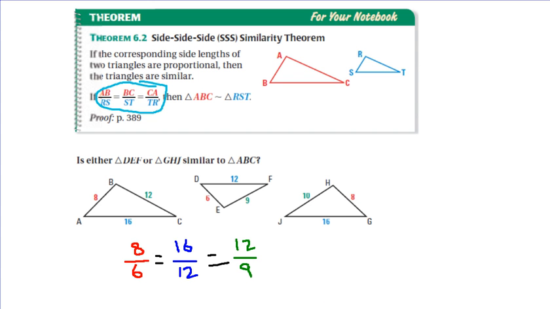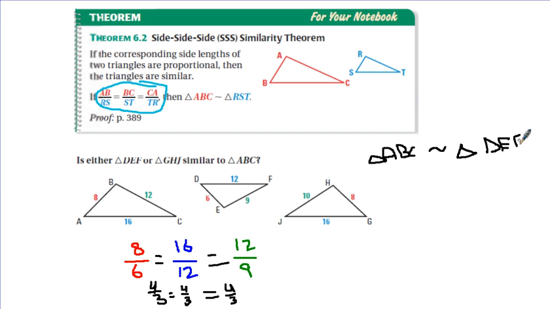And we want to then look and see if we simplify these, if we have the exact same proportion. Simplified, we would have 4 over 3 for the first one. For the second one also we would have 4 over 3. And for the last fraction we would have, again, 4 over 3. So because of that, we can say that it is true, triangle ABC is similar, with that tilde, to triangle DEF.